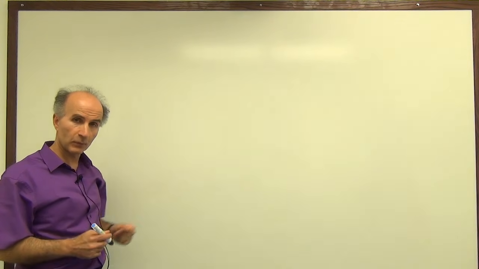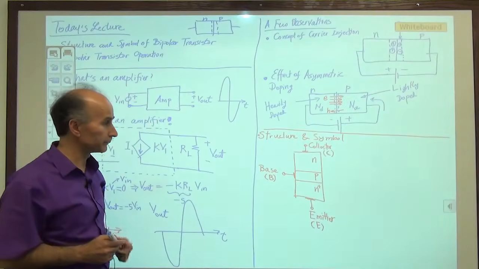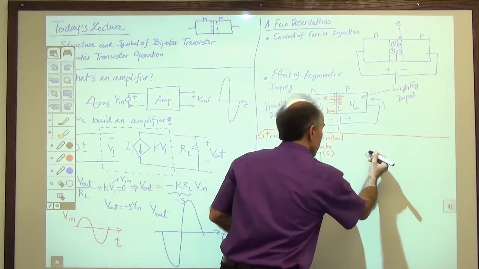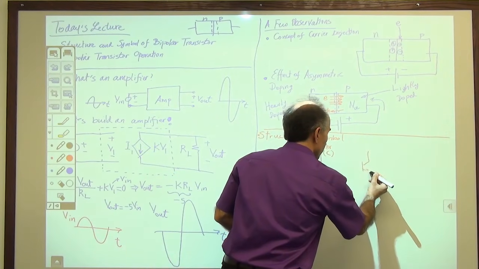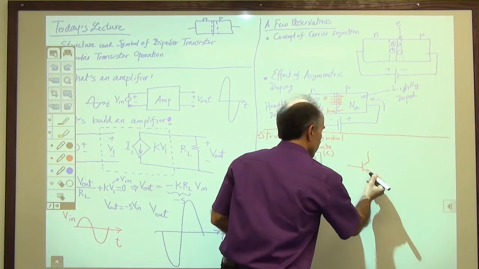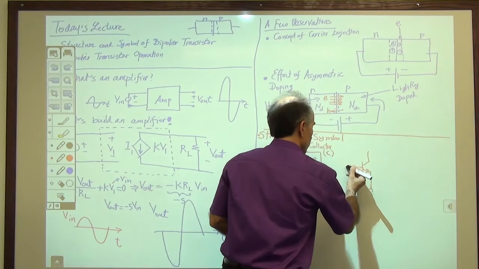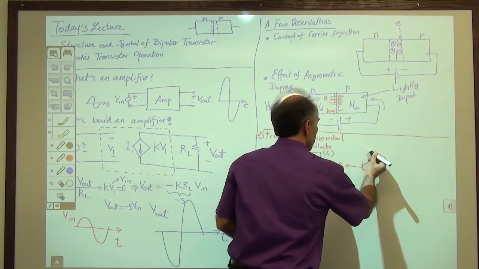And I'll show you the symbol for the bipolar transistor. Okay, well, we have three terminals. So here's a bipolar transistor with three terminals. This is the emitter, this is the base, this is the collector.